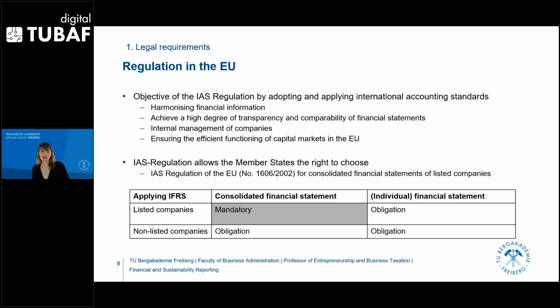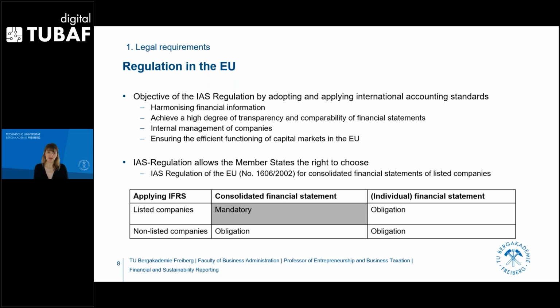So what's the regulation in the European Union about? The objective of the regulation is to adopt and to apply international accounting standards in the European Union, so that we harmonize the financial information and achieve a high degree of transparency and comparability of financial statements, because all the companies which are listed on a capital market in the European Union use the same accounting principles, the IFRS, and so we have statements which are comparable to each other.